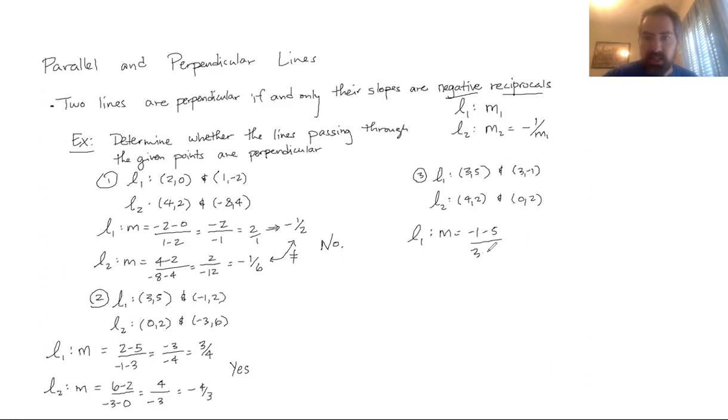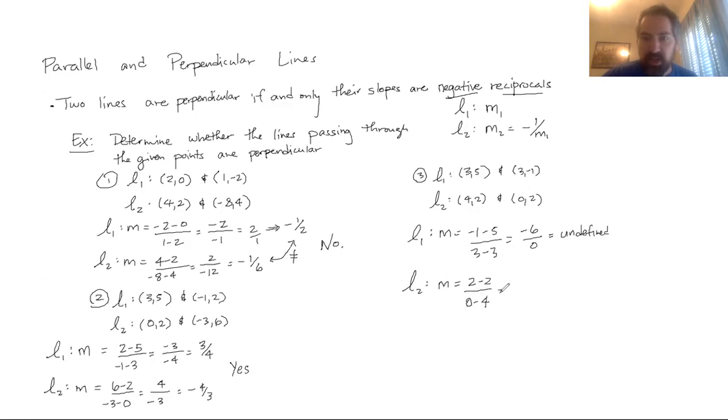Since the x values are the same, this gives us a vertical line, which has an undefined slope because we cannot divide by 0. Then we'll find the slope of L2, subtracting the y values, 2 minus 2, divided by the difference in the x values, 0 minus 4.